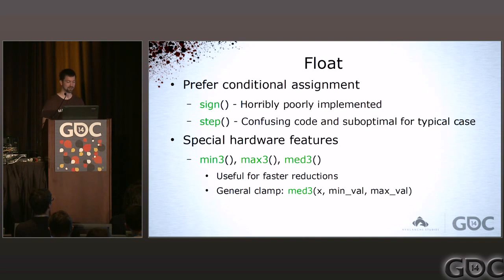One interesting trick here is that the median of 3 can also be used as a general clamp for values. If you just pass your x value and then your min and max, the median actually returns a clamped value between your min and max, if you think about it. It's not obvious until someone points it out. At least it wasn't obvious to me. And that's actually a very useful thing.